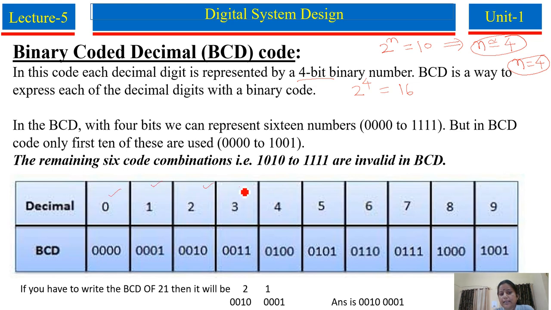So 10 combinations are valid BCD and 6 are invalid. Always remember, BCD is represented with 4-bit binary; valid BCD is from 0 to 9, and 10 to 15 are invalid.